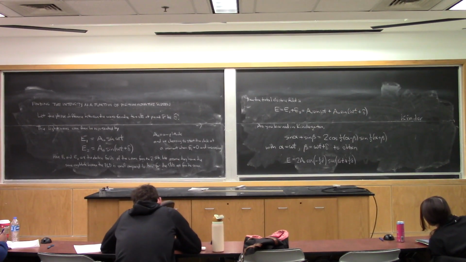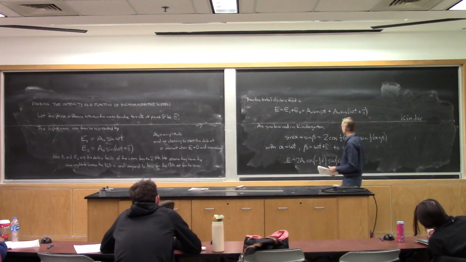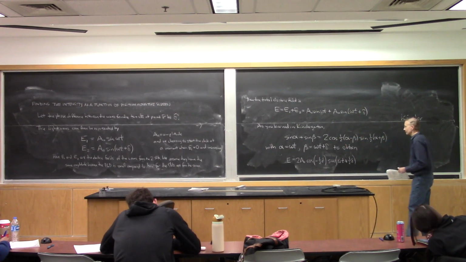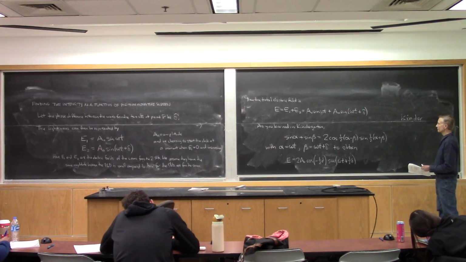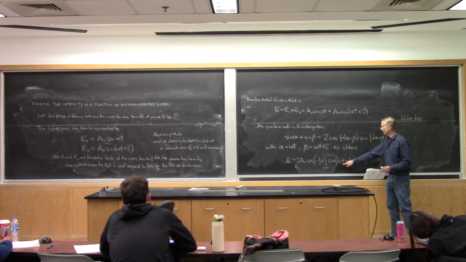Right, because with those alpha and beta there, alpha minus beta is minus delta, so you get half of minus delta for the first term, and for the other one, we get 2 omega t plus delta, and when I throw that 1/2 in there, it becomes omega t plus half delta.